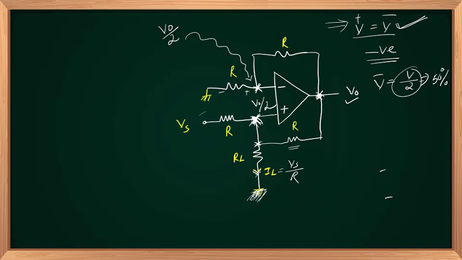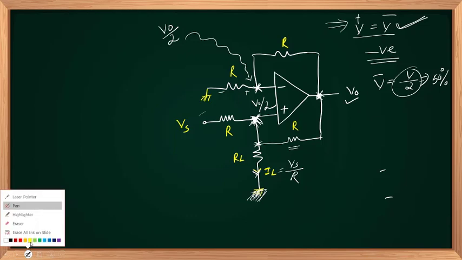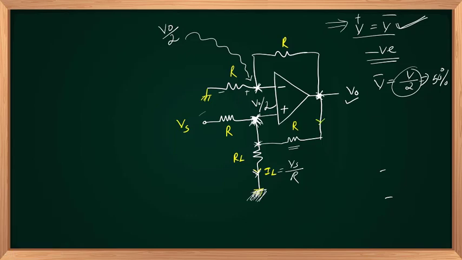If this current is my IL, then I can easily write, if this is I1 and this is I2, my IL will be equal to the sum of I1 plus I2 as per Kirchhoff's current law. The sum of this and this will flow through RL, that's equal to IL.